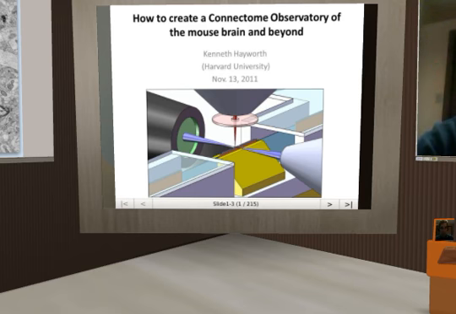So I've seen software that can automatically trace neuronal processes throughout this data. The reliability estimates are a little bit hard to interpret. Let's put it that way.